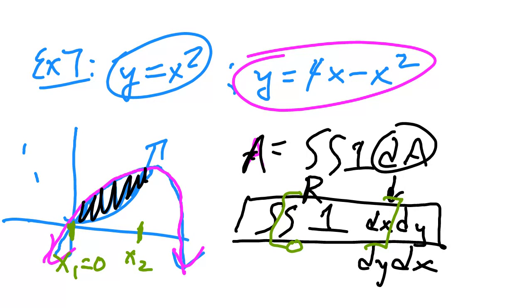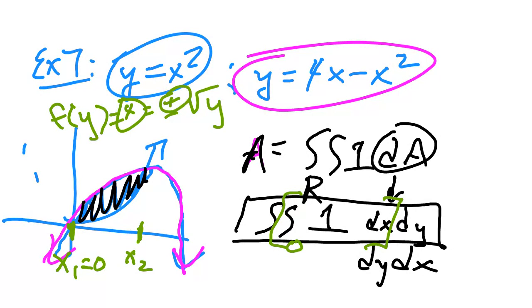Well, that's kind of a good question, isn't it? For this one, x equals plus or minus square root of y, if I wanted to solve it for x and make this a function of y. That's on the top one. But what about this other one?